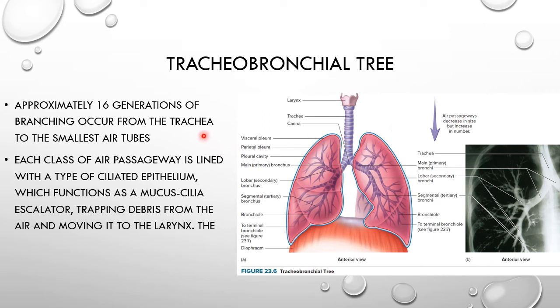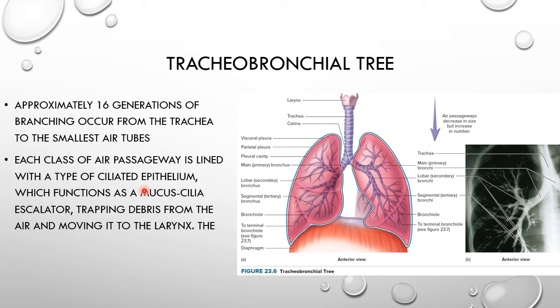Approximately 16 generations, no, ang dami, of branching occur from the trachea to the smallest air tubes. Each class of air passageway is lined with a type of ciliated epithelium. So, yung passageway, ang kanyang lining epithelium, when you say lining epithelium, yan yung cells on the surface, no?